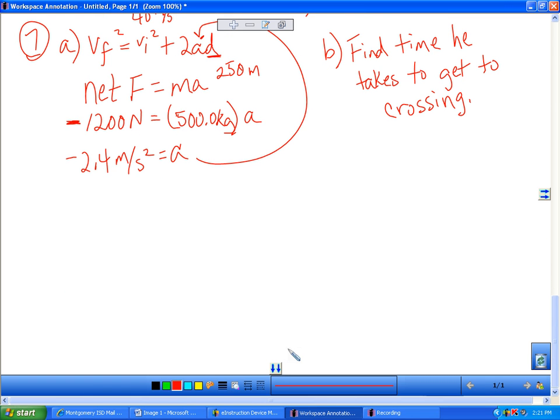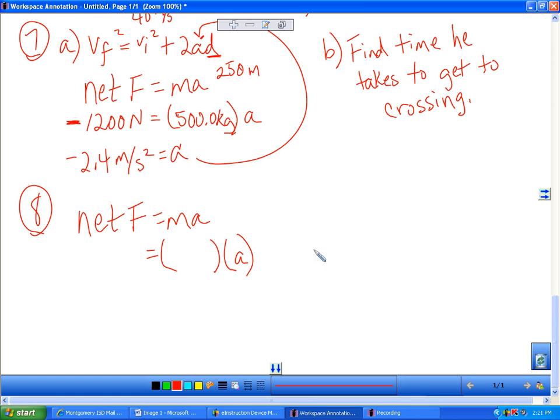Number 8. A 1,500 kilogram car is traveling with a speed of 15 meters per second. Find the magnitude and direction of the horizontal force needed to stop it. So it's still going to be very similar to what we just did up there, net F equals MA. The only force acting on it is going to be the brakes, so the net force is what we're looking for. We need the mass, which is given to us, and we've got to find the acceleration, and they expect me to find the acceleration because they give me some distance.